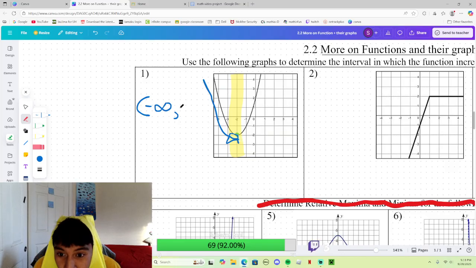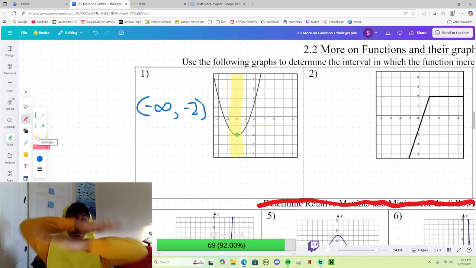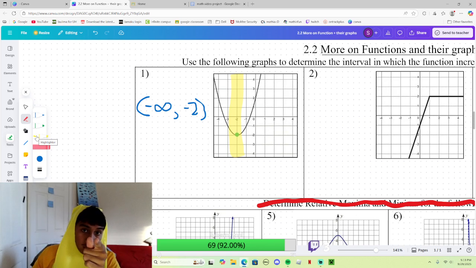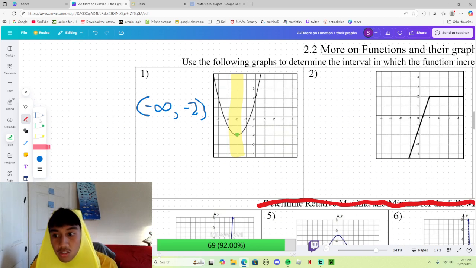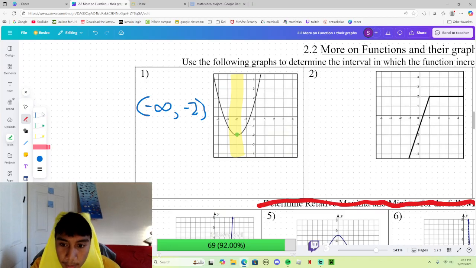Banana Joe says -2. Now, you might be thinking, Banana Joe, which -2 is it? The one on the y-axis or the one on the x-axis? Banana Joe tells you it is the one on the x-axis, because we are looking for the domain of this whole thing, of the whole shebang.